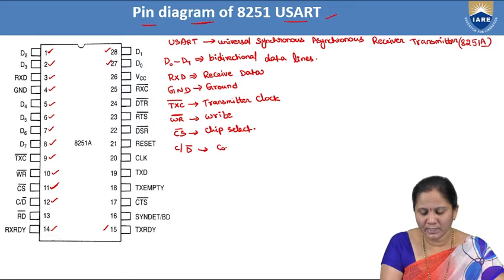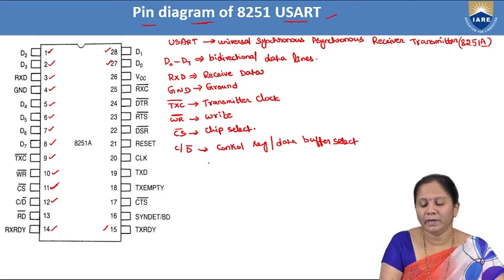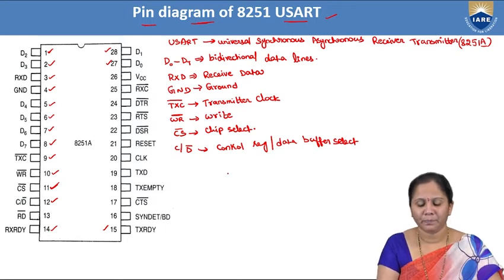C represents control register and D represents data buffer select. So D bar is the active low signal, and this D bar represents data buffer select.